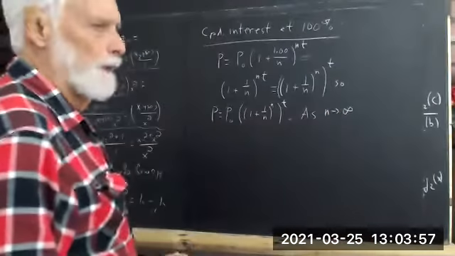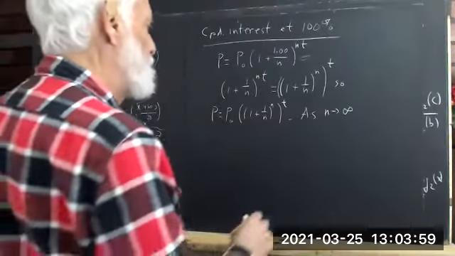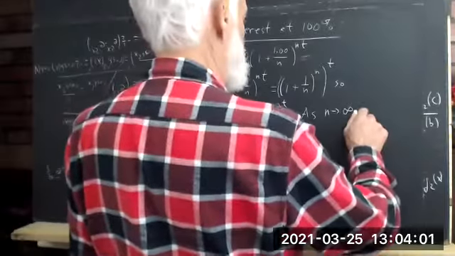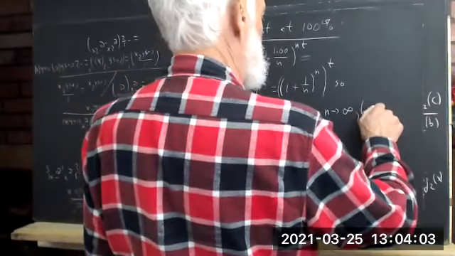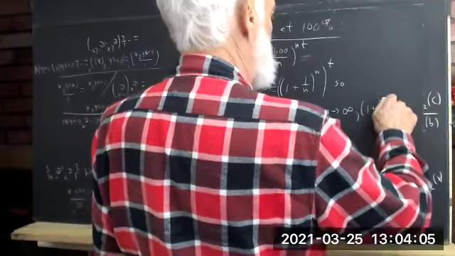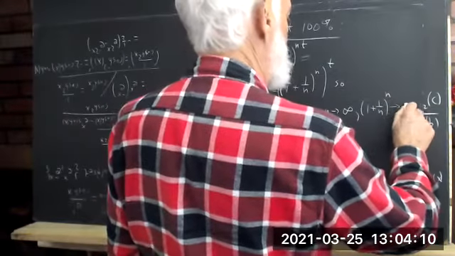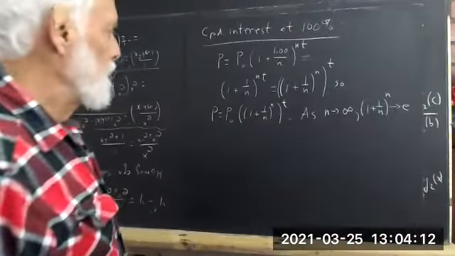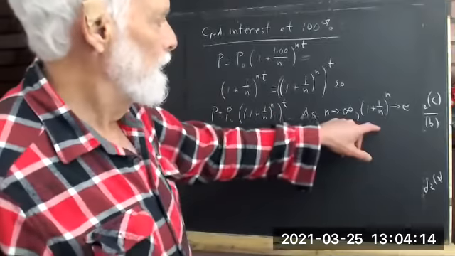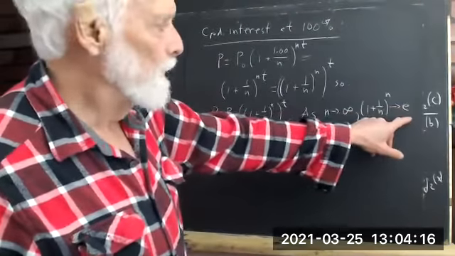As n goes to infinity, this 1 plus 1 over n to the n approaches the number e.